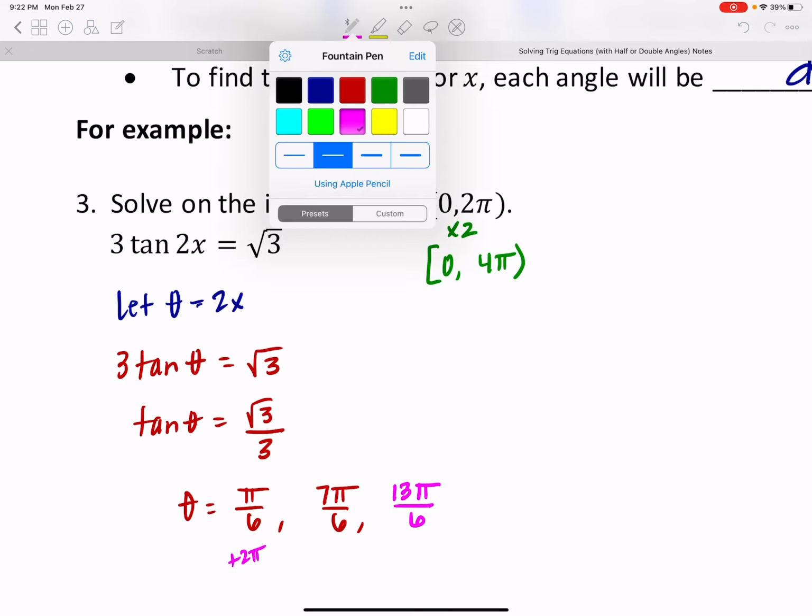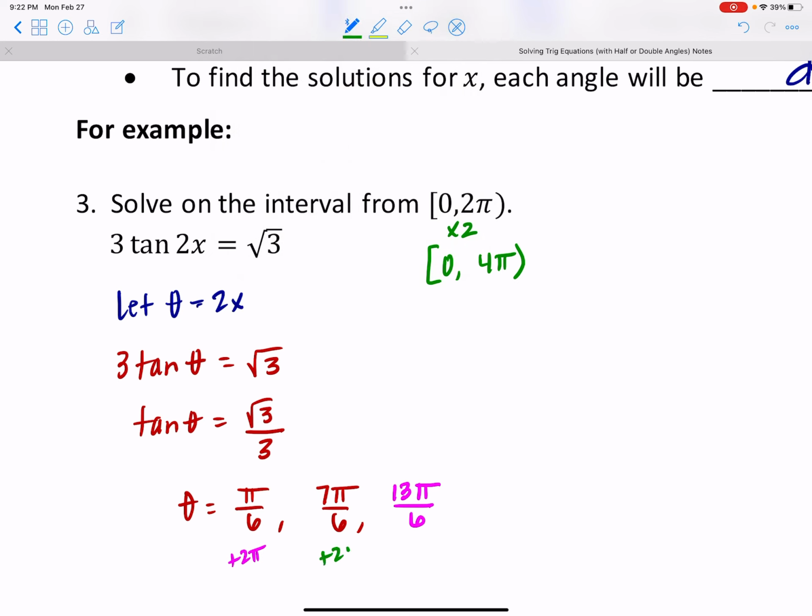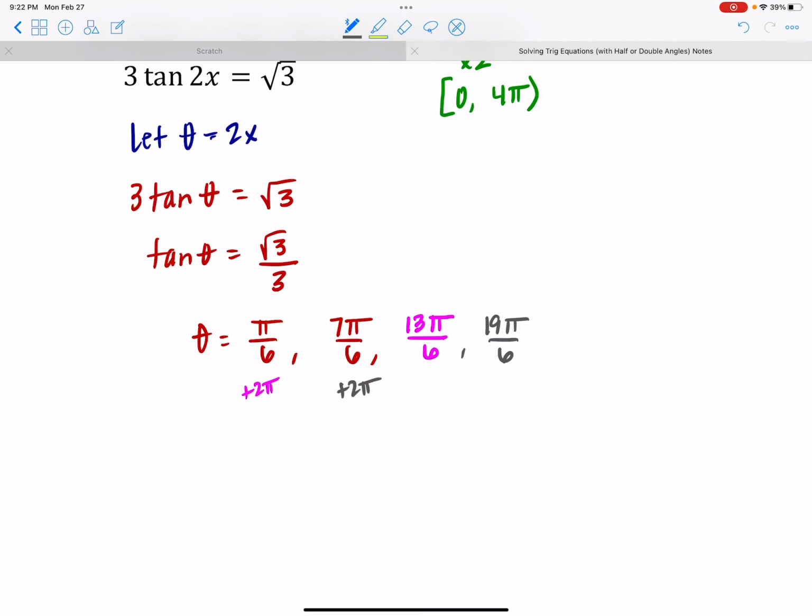Then I added 2 pi to this one to get the next angle: adding 12 pi over 6 plus 7 pi over 6 gave me 19 pi over 6. Maybe I should change colors because I used green already. How about gray? Okay, so far, I hope. So those are my solutions for theta.